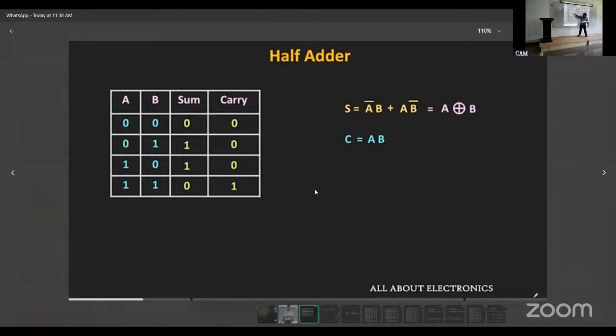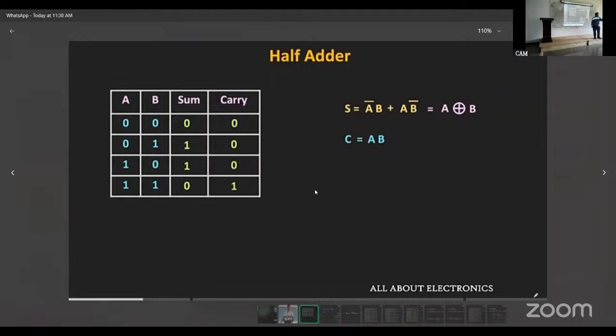0 plus 0 is 0. 0 plus 1 is 1. 1 plus 0 is 1. 1 plus 1 is 0 and carry 1. So there are two terms: one is sum, the other is carry. This is the sum term, and carry is here. If we draw this, it is the half adder circuit.